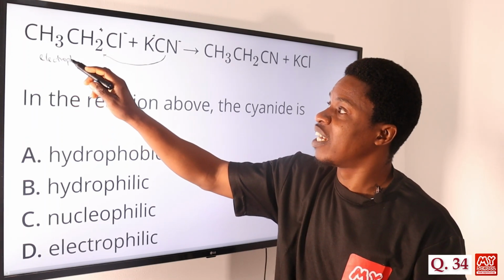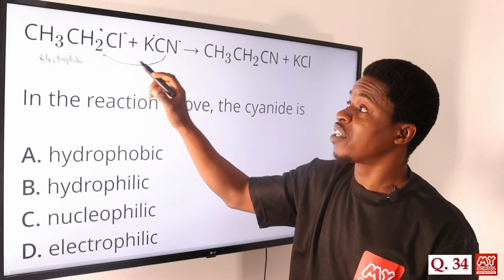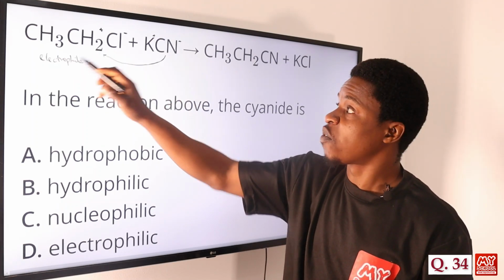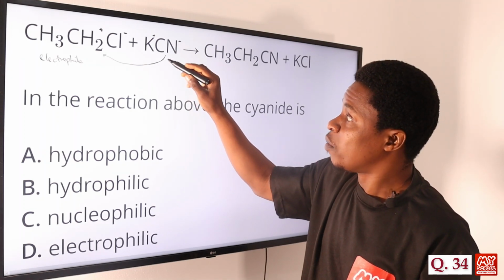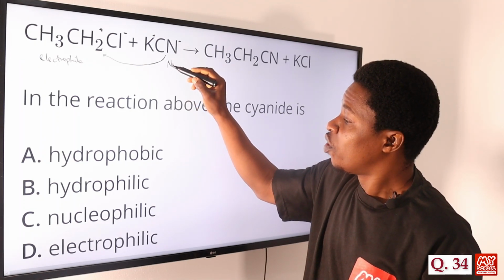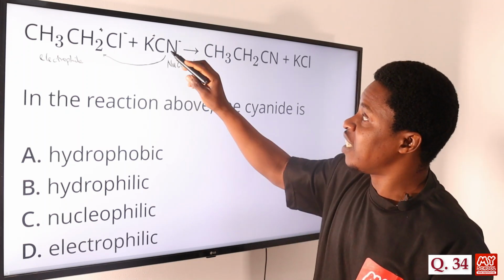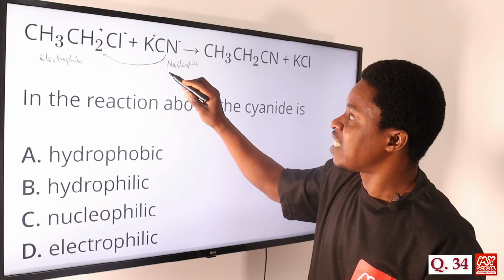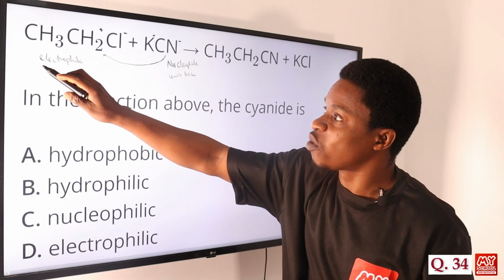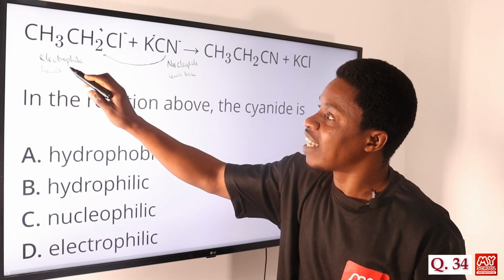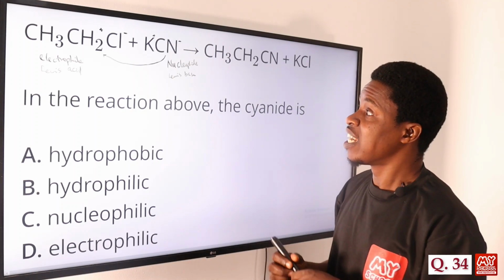This one here that is going to receive from the cyanide that has a lone pair of electrons is definitely going to be the electrophile, while the cyanide ion is going to be the nucleophile. So this cyanide is acting as a Lewis base, while this electrophile is acting as a Lewis acid. Of course, you know the definition of what a Lewis acid and Lewis base are.